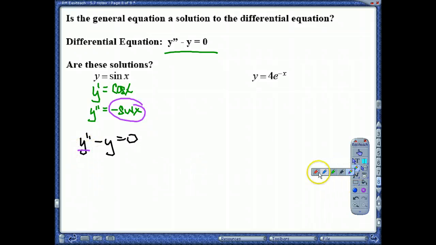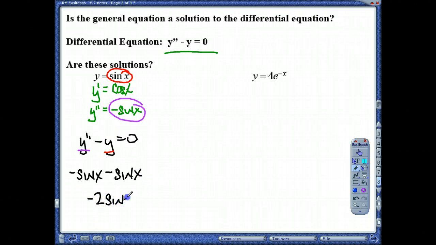I'm going to plug in the original function right there, and I'm going to see if it makes a true statement. Well, my second derivative is negative sine of x minus my original function, which is sine of x. That equals negative 2 sine of x, which is not equal to 0. So that would be no, not a solution.